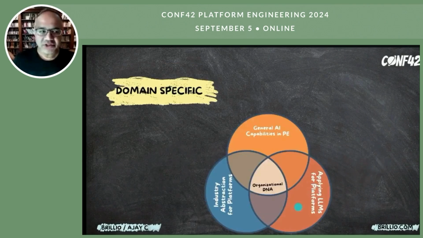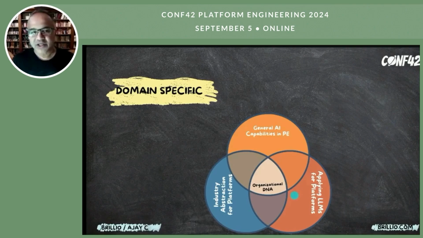In the larger context of domain-specific ways of looking at platform engineering, when I say domain-specific, going back to my previous point about those banking services or healthcare services or automotive services and those kinds of things, think of it like a Venn diagram, where one of the circles here is those AI capabilities in platform engineering.